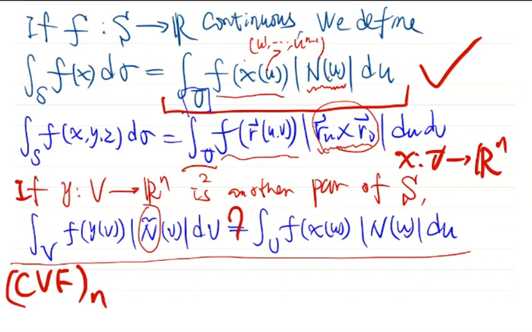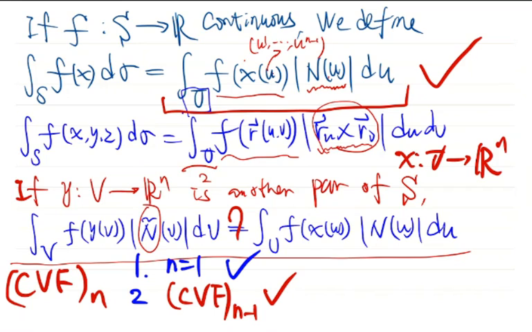When n equals 1, that is a one-dimensional integral, in single variable calculus we know that the change of variable formula is true. Now we assume that the change of variable formula is true for n-1 dimensions. So first, n equals 1 is true. Second, suppose CVF for n-1 is true.